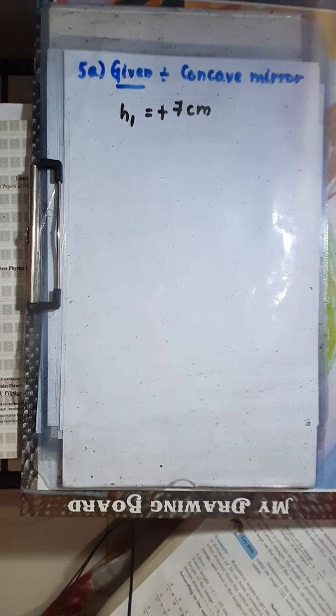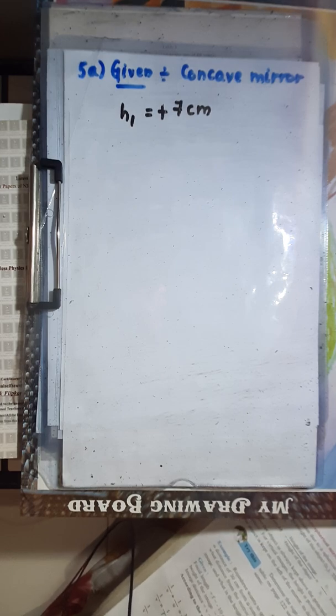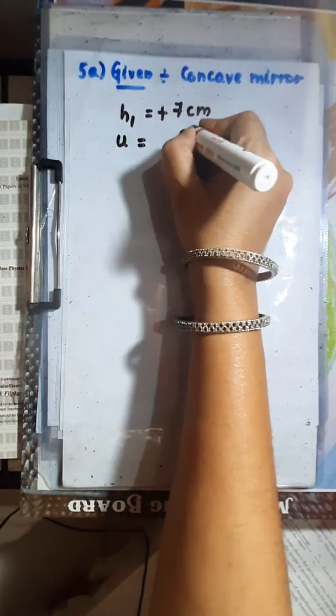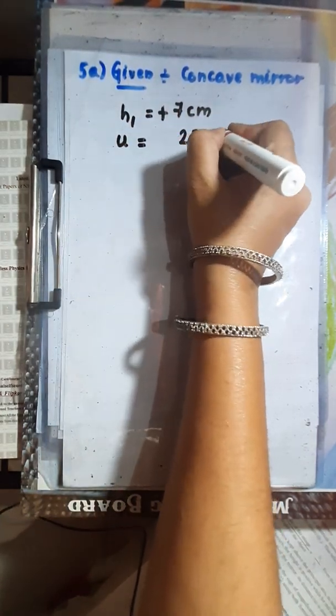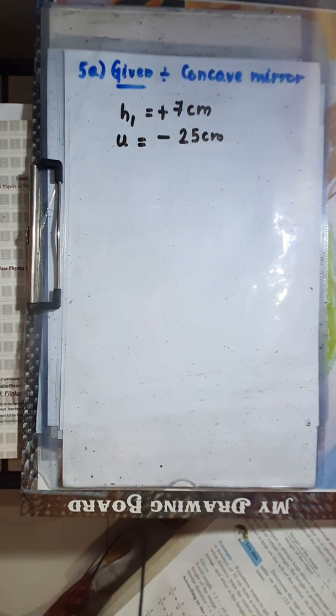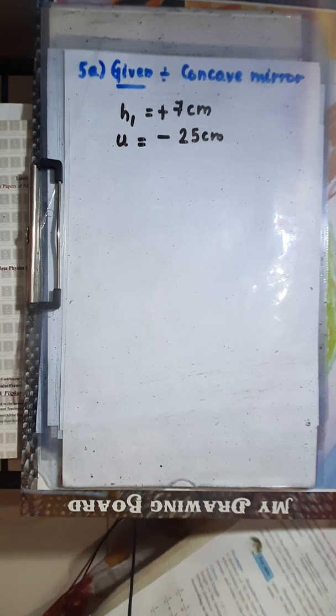An object of height 7 centimeter is kept at a distance of 25 centimeters in front of the concave mirror. So u is equal to 25 centimeter. I told you, u you always have to take negative. U is always negative. So we'll take u as negative.